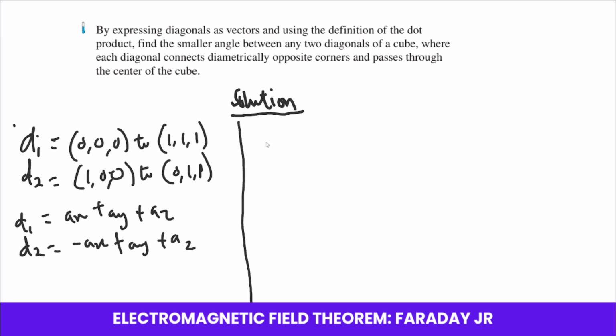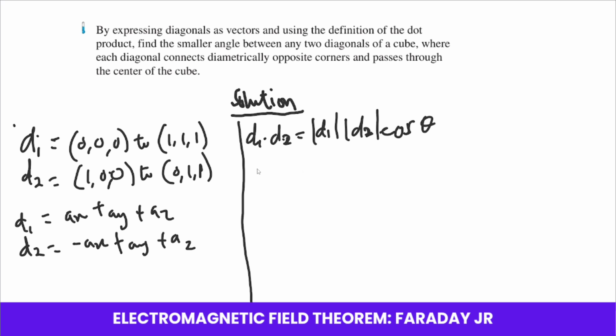Hence, we would like to use our dot product formula. That means we'll find the dot product of the two diagonals, which is going to be equal to the product of their individual magnitudes, times cos of the angle between them, or what we term as the smaller angle between the two diagonals.